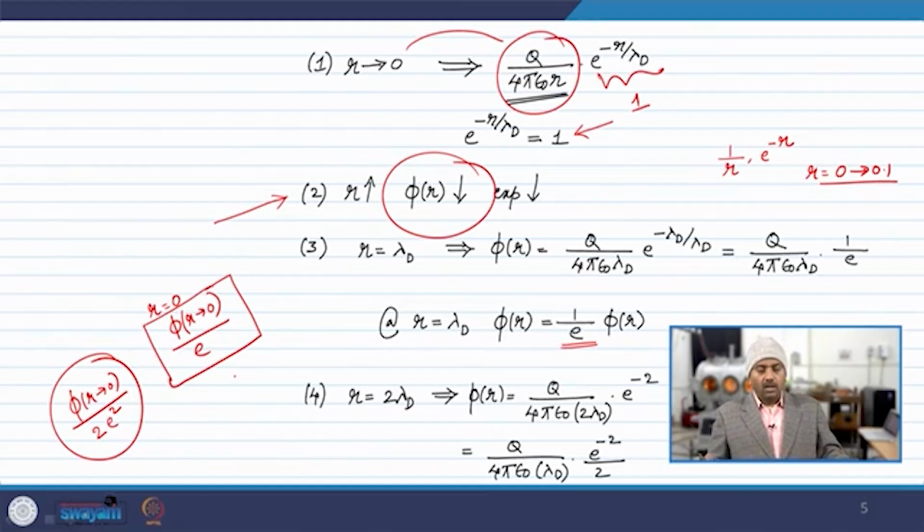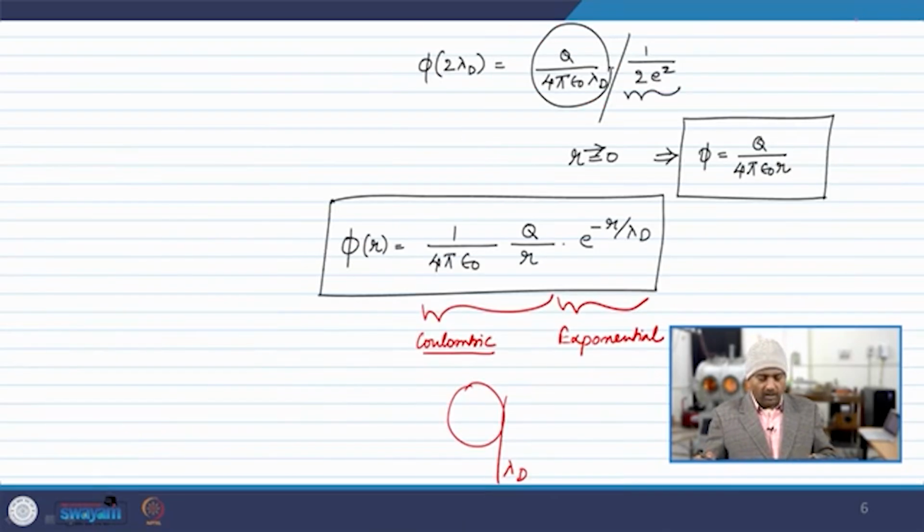Now, we can reinforce these statements by including one more mathematical step. If r equals 0 and r equals lambda d are the limits, within short intervals spanning from here to here, somewhere the Coulombic part is very dominant, and after some point the exponential part becomes dominant.